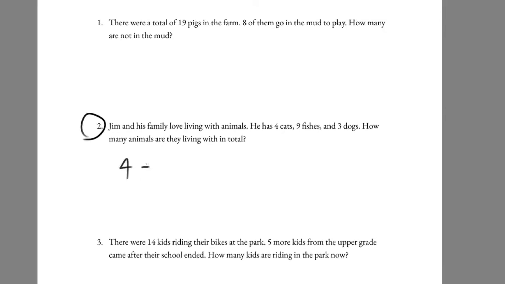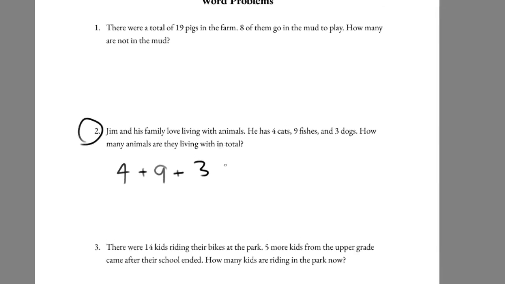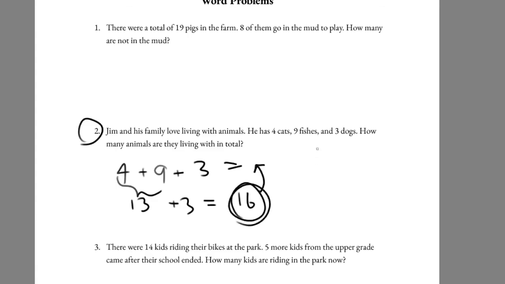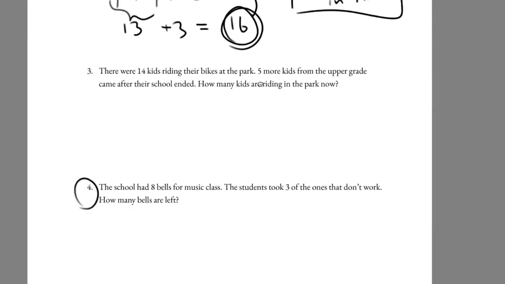We just add 4 cats, 9 fishes, and 3 dogs together, and we have 4 plus 9, which is 13, plus 3 equals 16, which is our answer. So 16 animals in total. On to question 4.